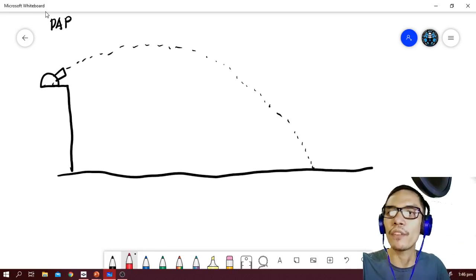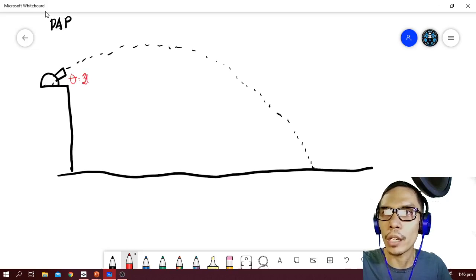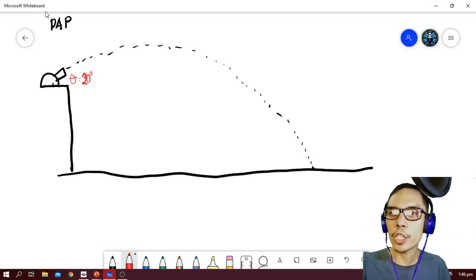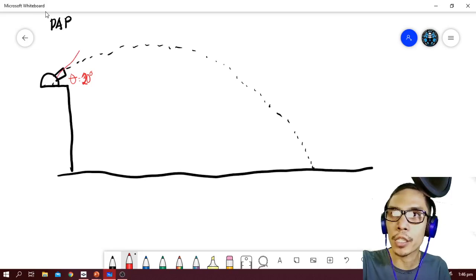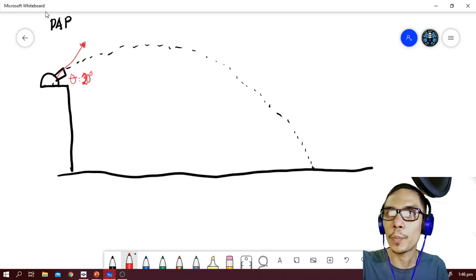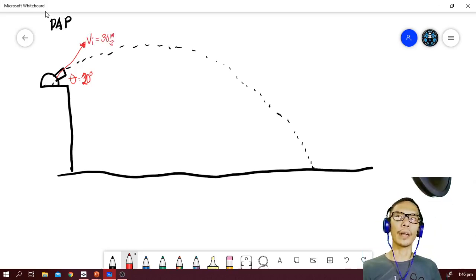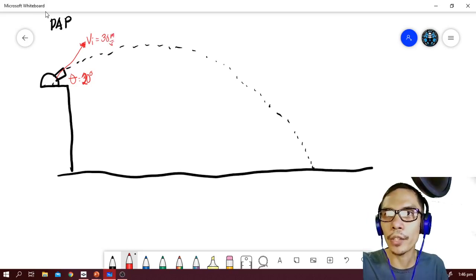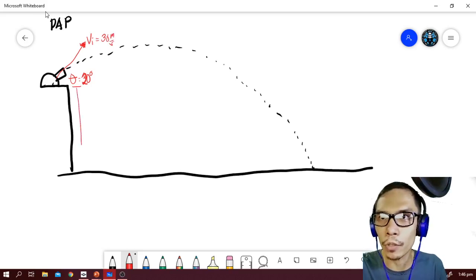Number one, the launch angle is 20 degrees above the horizontal. Next, the speed at which the object was launched is v sub i, which is 30 meters per second. Next, the height of the cliff, from this point down to that point, is 100 meters.